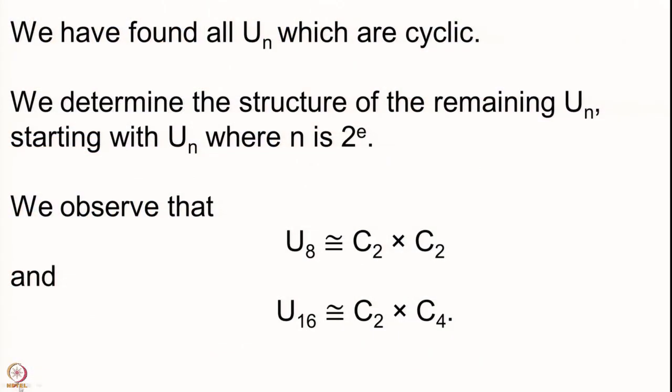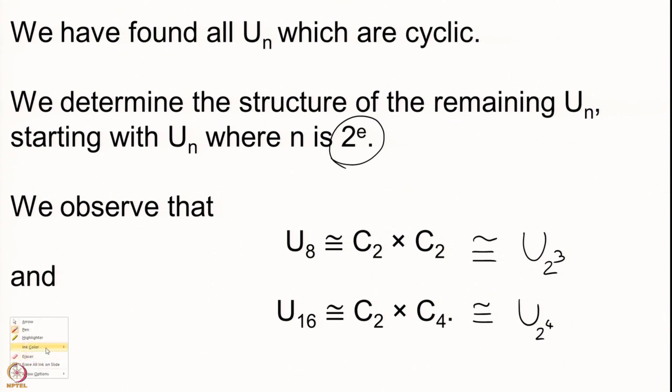We have found all U_n which are cyclic, and then we are determining the structure of the remaining U_n starting with these U_{2^e}, and we looked at U_{2^3}, which is U8, and U_{2^4}, which is U16, and we observe that there is one copy of the group C2 always sitting in these, and the remaining one has order equal to the order of this group divided by 2.